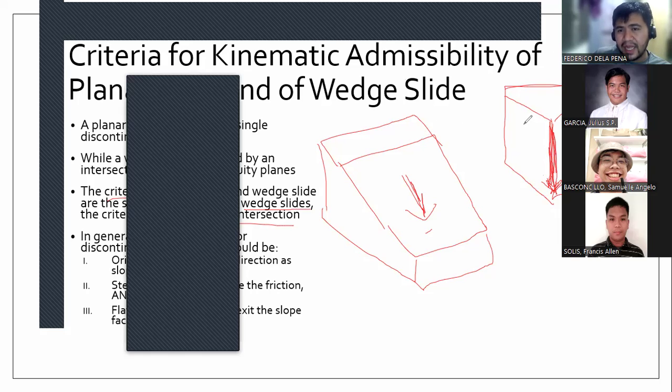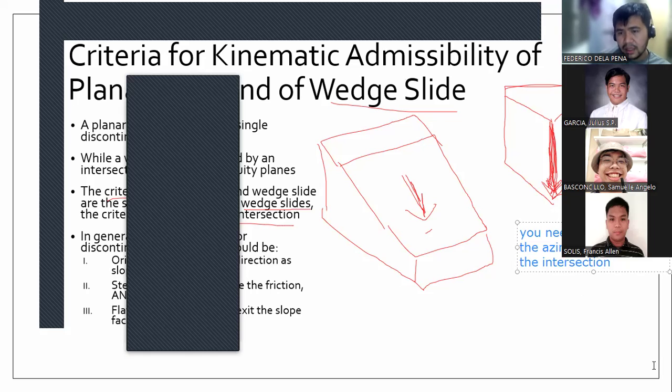The only step you have to do when doing wedge slide analysis is to resolve the azimuth and dip of the intersection.